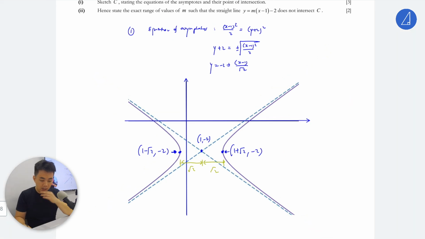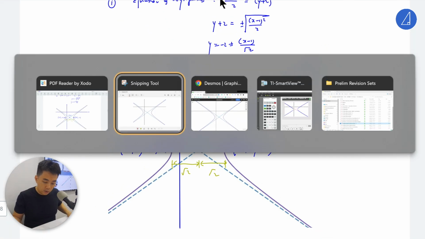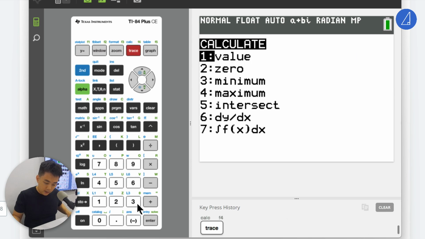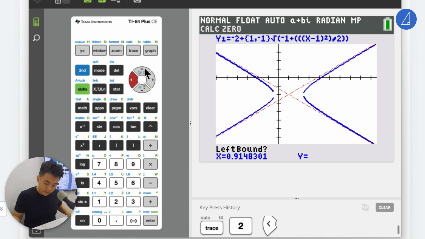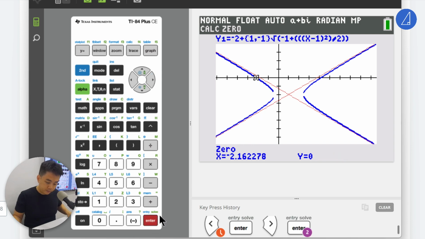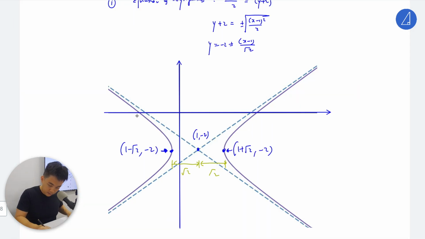There you go. Then once you're done with that, you go to your GC, find what is the zero. Go up. Enter. Enter. Negative 2.16.